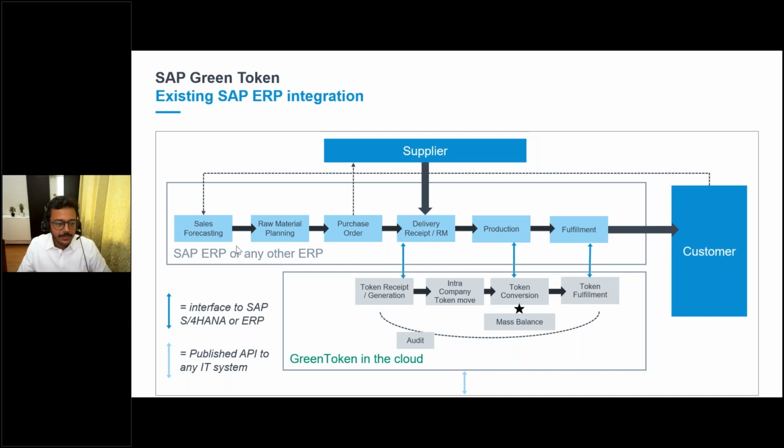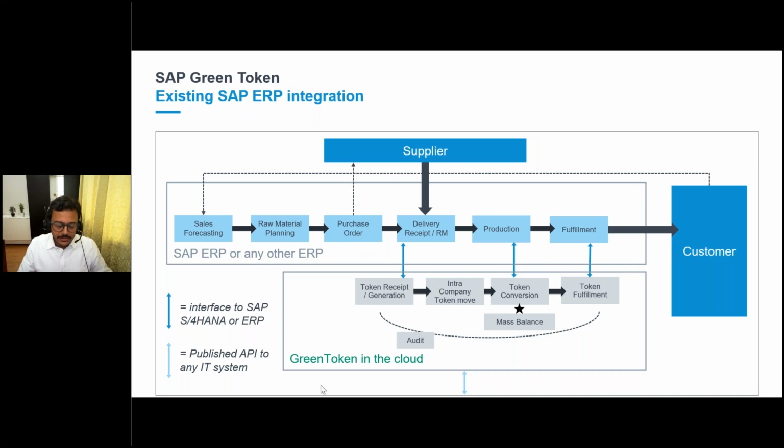So within your ERP system, you have the sales forecasting process. This is an input to the raw material planning, and that leads to procurement, and you have your purchase orders, and then the supplier eventually delivers the goods.